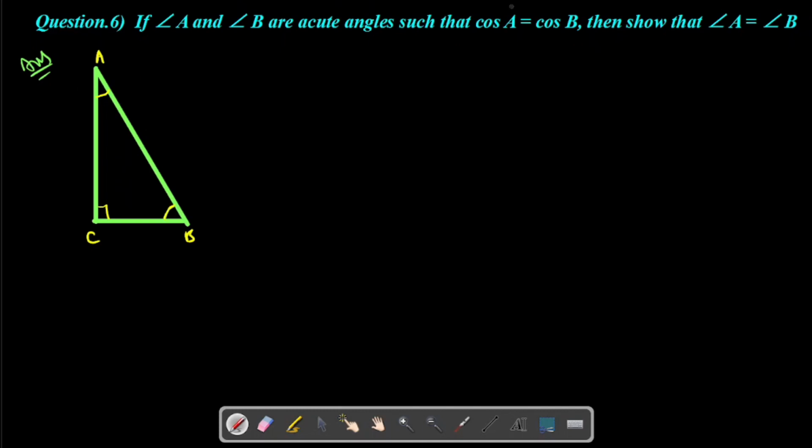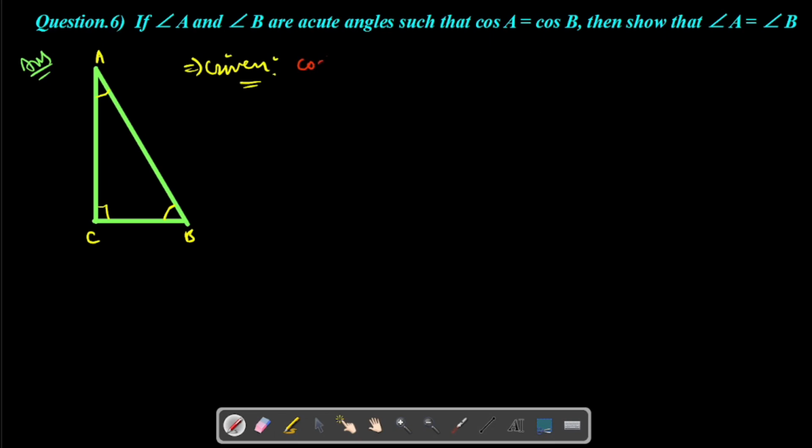Now cos A is equal to cos B. We are given that two trigonometric ratios of different angles are the same.